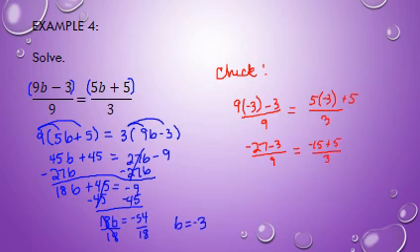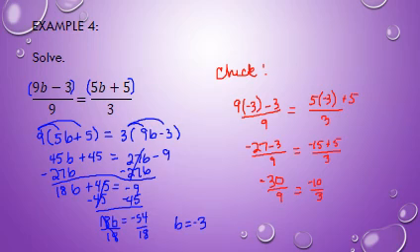Negative 27 minus 3 gives us negative 30 divided by 9. And then on the right side, negative 15 plus 5 gives us negative 10 over 3.